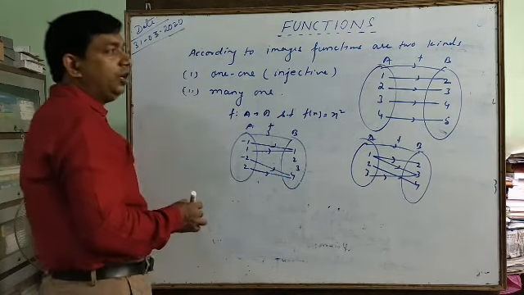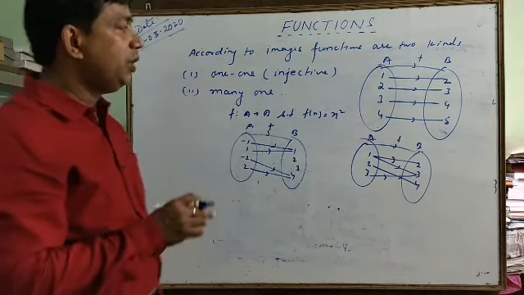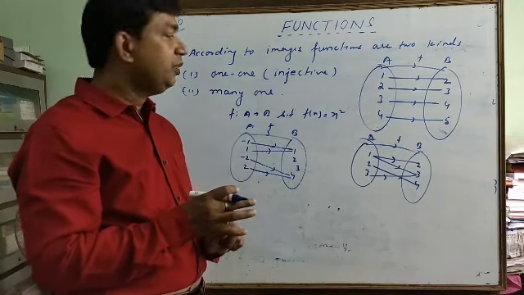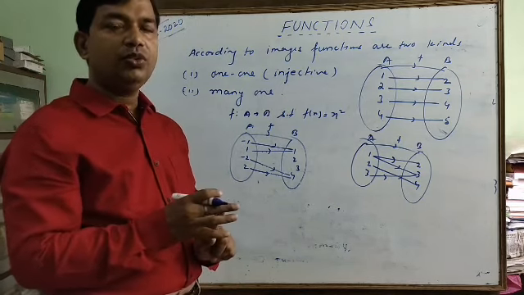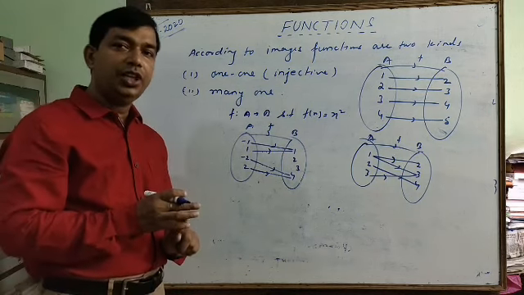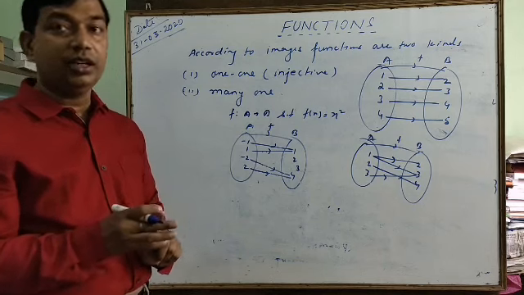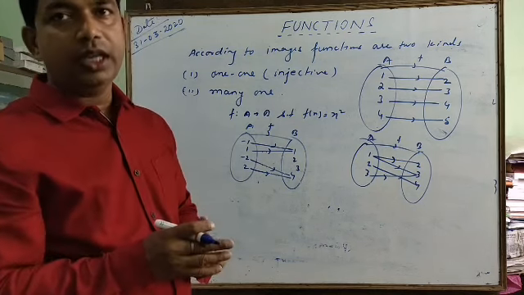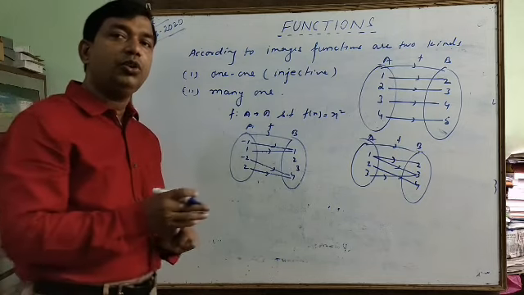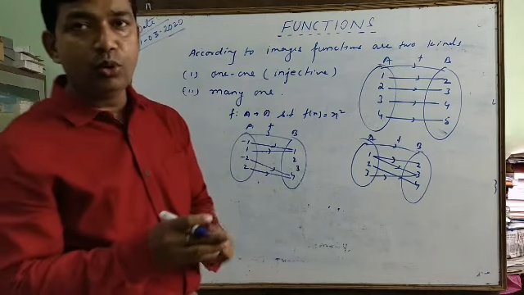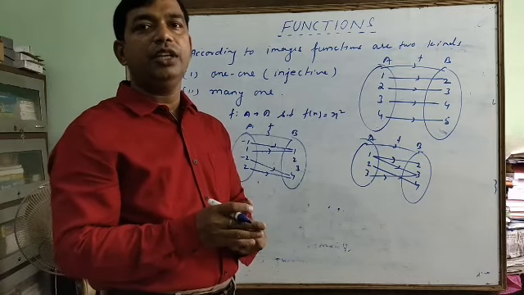So first of all, you remember this thing what I explained. I explained today what is function, what is domain, what is codomain, what is range, and according to range and codomain, functions are two kinds. One is onto and other is into function. When range and codomain are same, then it is onto.